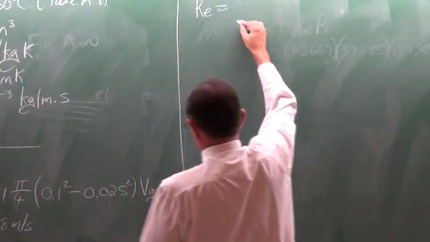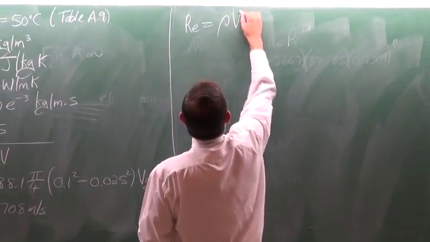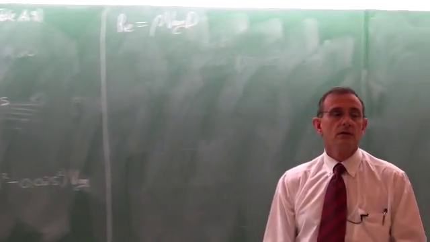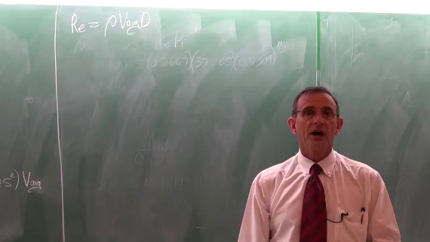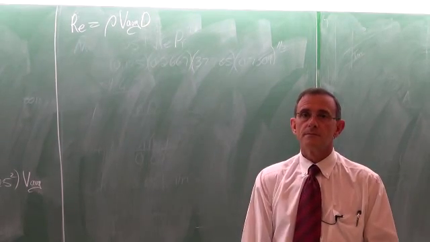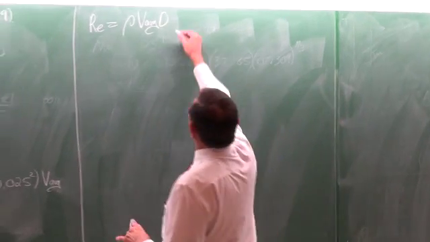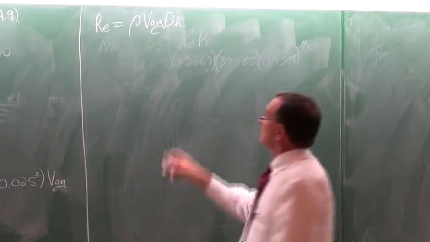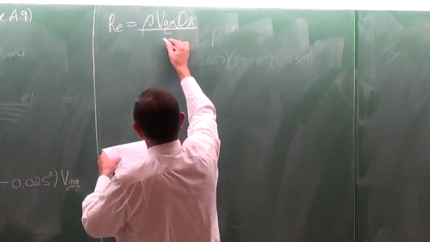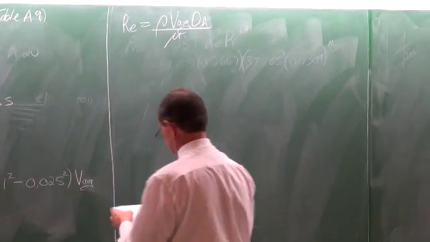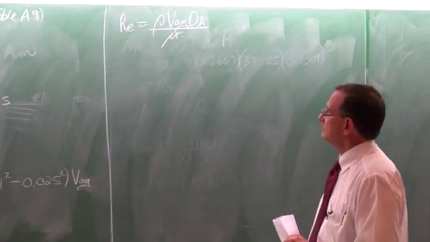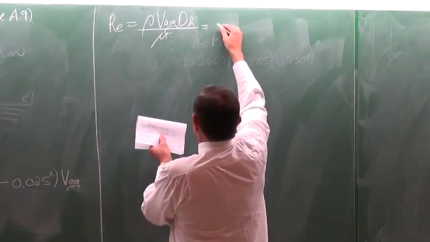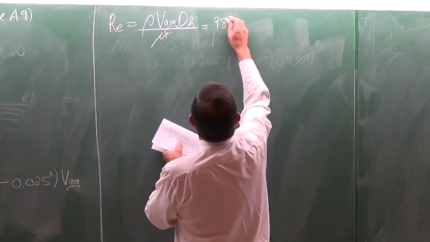The Reynolds number is equal to rho multiplied by the average velocity multiplied now by the what diameter? The hydraulic diameter, because the flow is through an annulus, divided by the viscosity. The density is equal to 988.1.